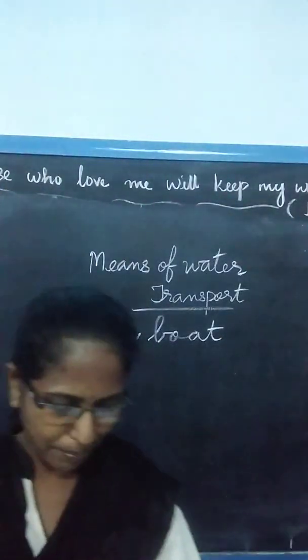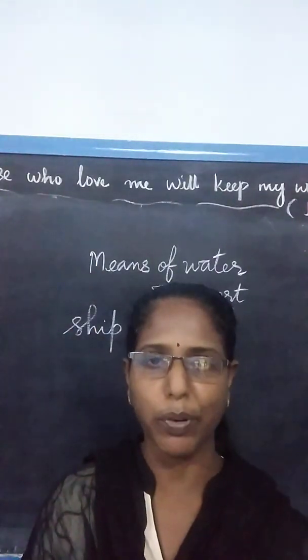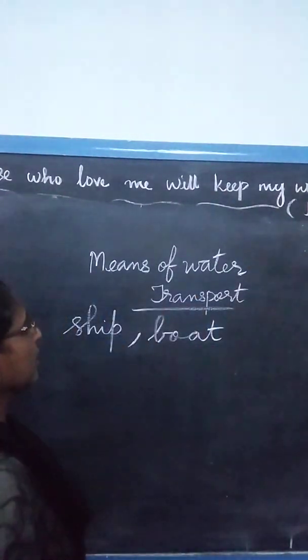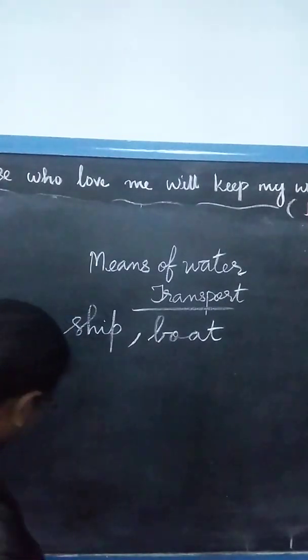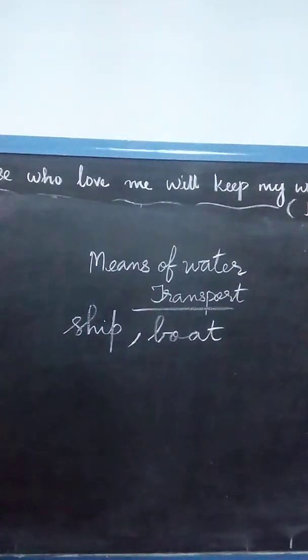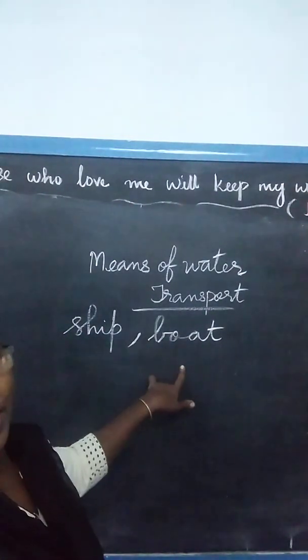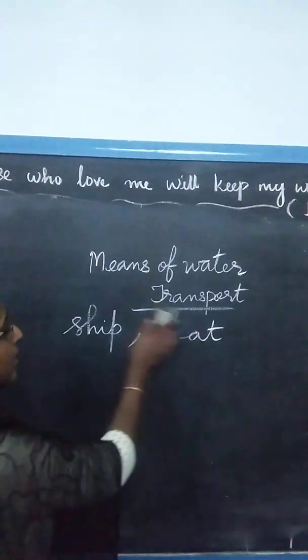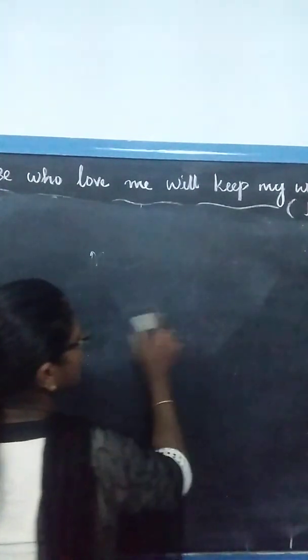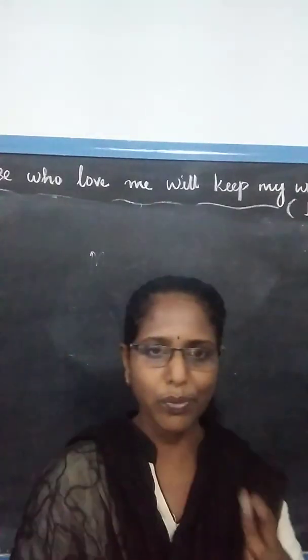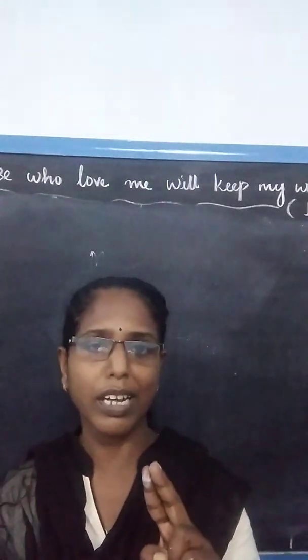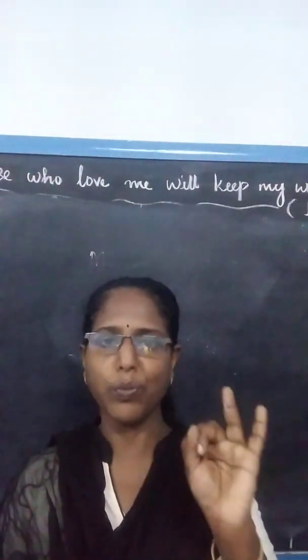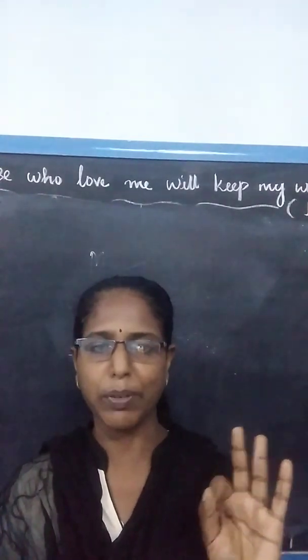And next is means of air transport. So means of water transport, ship and boat. We learned there are three types: air transport, water transport, land transport.